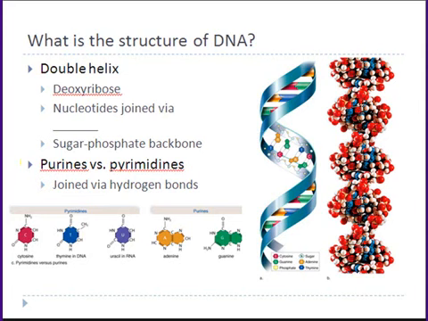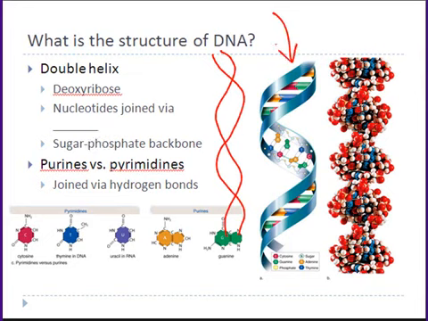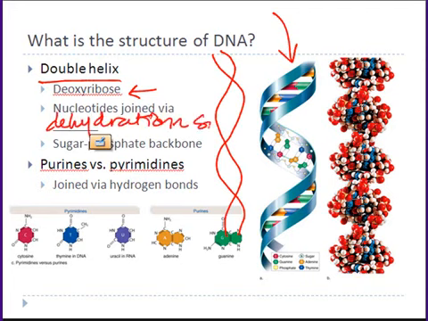DNA is a molecule that consists of two long chains of nucleotides joined together to make a nucleic acid, and those two chains spiral around each other to form a double helix. Again, remember that the sugar group found in the nucleotides is deoxyribose, and those nucleotides are joined together once again by dehydration synthesis.